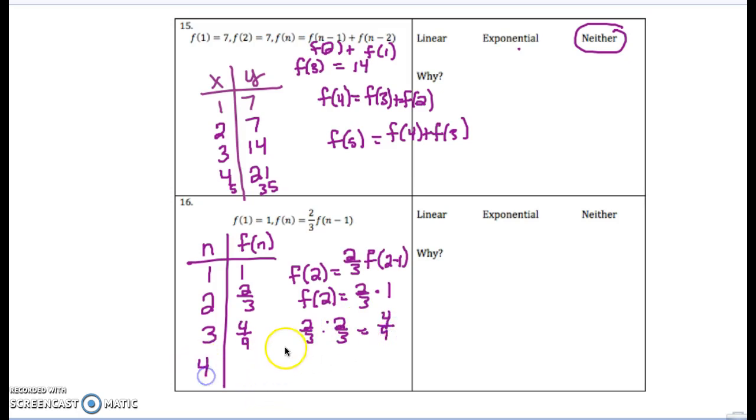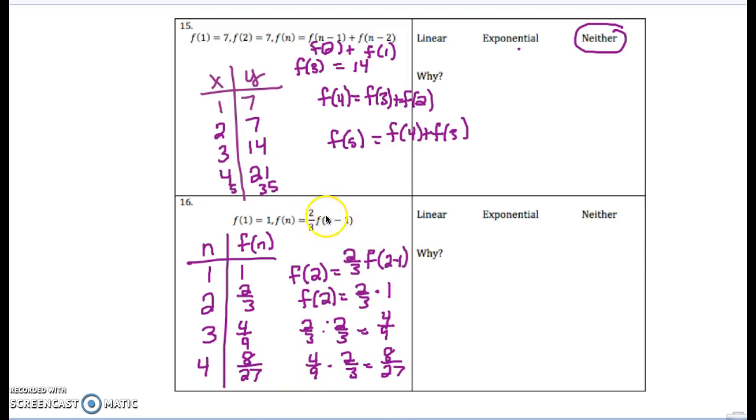If I plug in 4, that means I take the previous number of 4/9, multiply by 2/3, then that gives me 8/27.